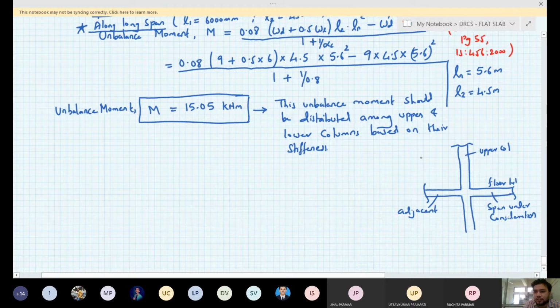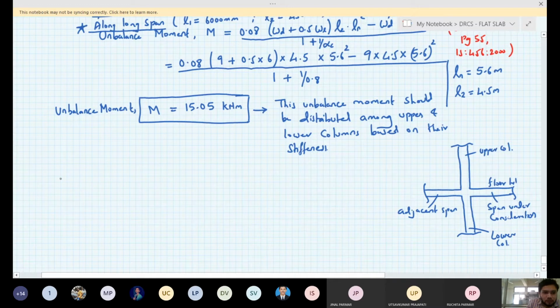These are the values of the adjacent span. And this is the lower column. Okay, this is the upper column. So here we assume that the size of the lower column and upper column are equal, so their stiffnesses are equal. So we'll distribute this moment equally among the upper and the lower column.